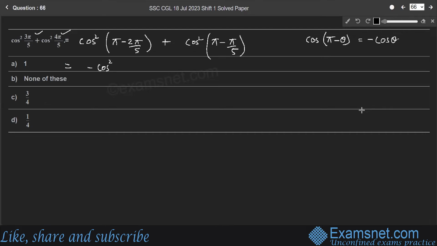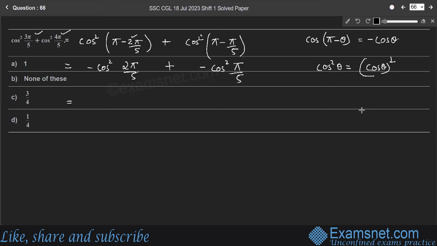So theta is here 2 pi by 5, right? So plus here cos square (pi minus theta), so minus cos theta. So it becomes minus cos square theta, where theta is pi by 5. So we know that cos square theta is also cos theta the whole square. In both the ways we can write, right?